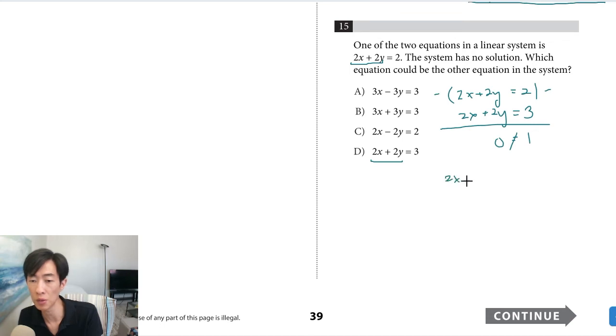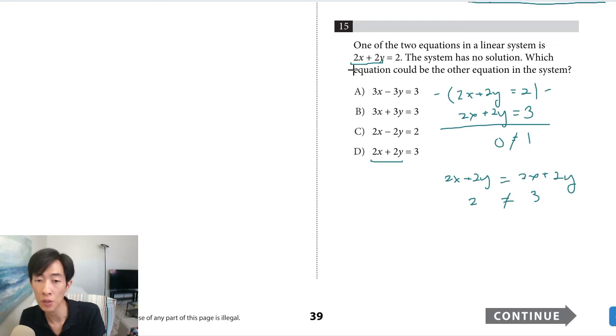If you set them up equal to each other, 2x plus 2y, which is typically what the SAT likes to do, and then 2x plus 2y on the other side, this one is equal to 2 and this one's equal to 3, that's not going to work either. So both of these ways of doing it prove that this has no solution.